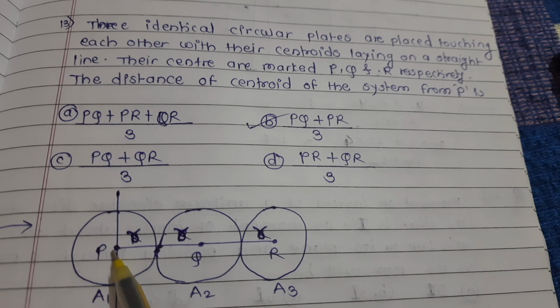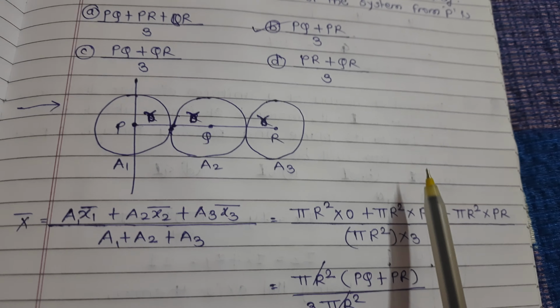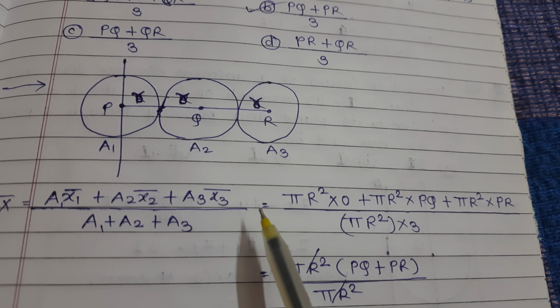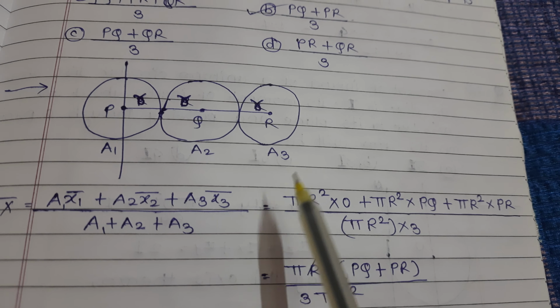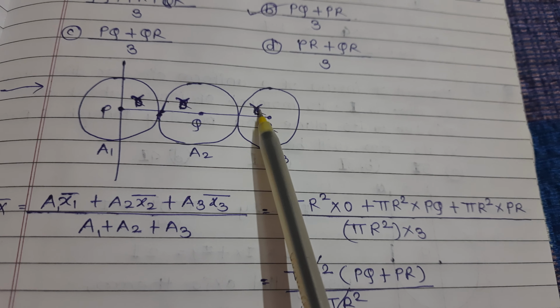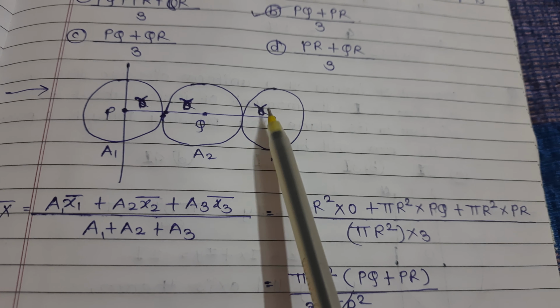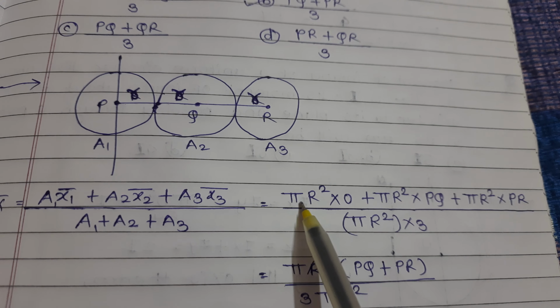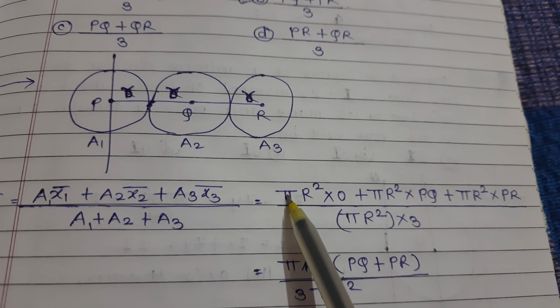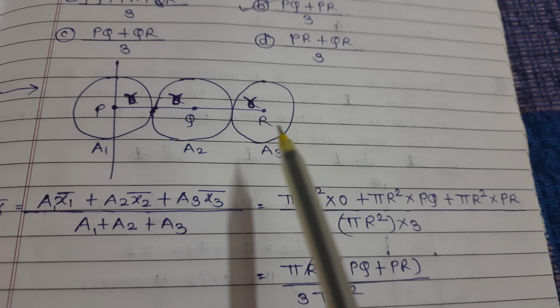What we have to do in this? Capital X bar is equal to A1 x1 bar plus A2 x2 bar plus A3 x3 bar upon A1 plus A2 plus A3. Consider capital R for the radius, so that it can be distinguished from the small r for the distance. Pi r square into 0, why 0?